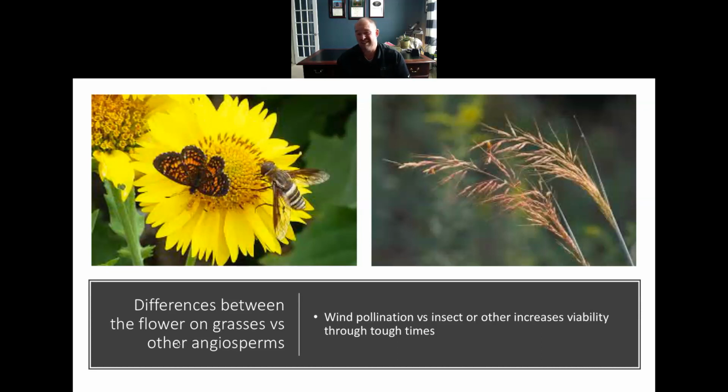Grass doesn't need to. It's using another mechanism to sexually reproduce, and that is wind. And there's always wind, so it's very easy for it to release pollen in the wind and have it carried away and land on other flowers. It's not relying on insects, it's relying on wind, so it's not putting a whole lot of resources in.